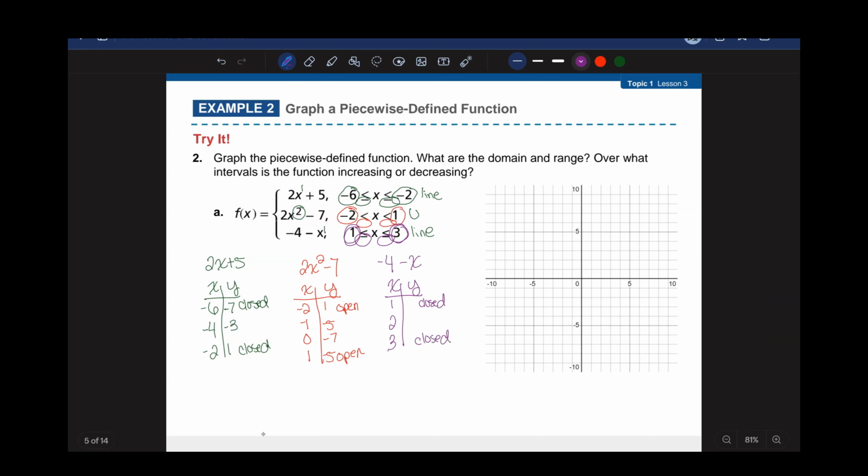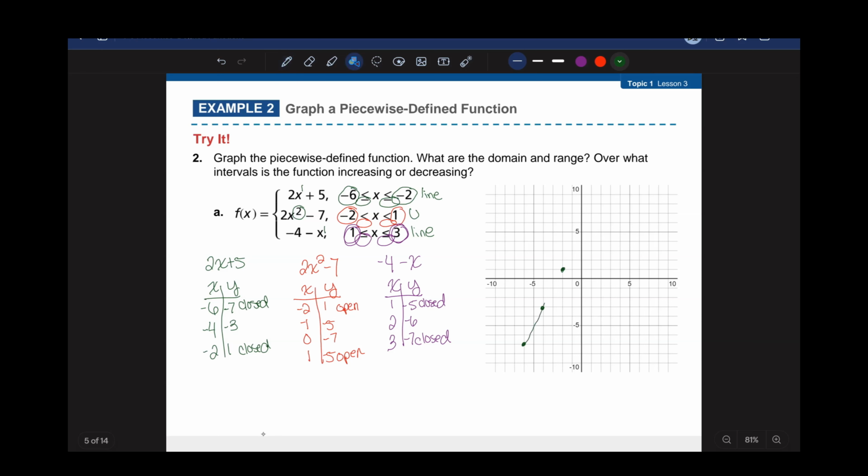All right, my table filled in is -5, -6, -7. So let's graph these. So -6, -7, we have a closed circle. -4, -3, and -2, 1 is also closed.